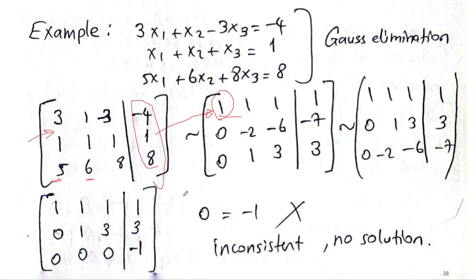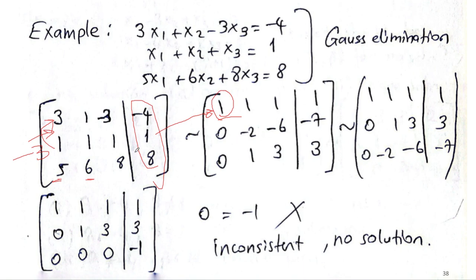And we write this first row, the first row goes to the third row. So you can, for example, multiply the second row by -3 and then add to the first one. Then this will become 0, -2, and -6, and the right-hand side is going to be -7.